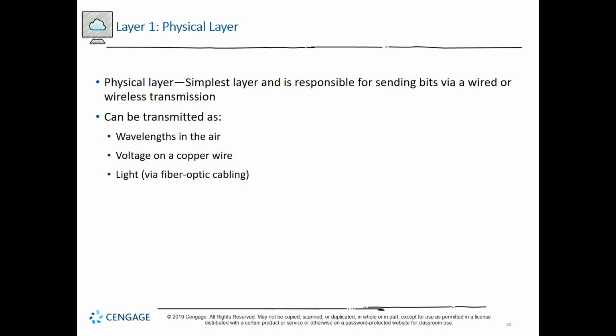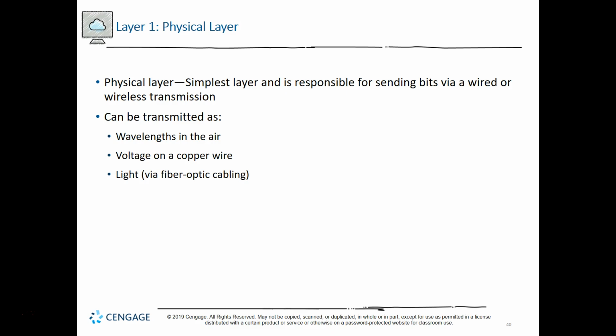So physical layer, I think, is the easiest one to understand. The physical layer says, hey, I've got something I need to send, and I'm going to send bits. And we haven't yet discussed bits yet, but your computer is really dumb. For all the wonderful things it can do, your computer is nothing more than a light switch on the wall. It sends zeros and it sends ones, and that's all it can read and all it can understand.